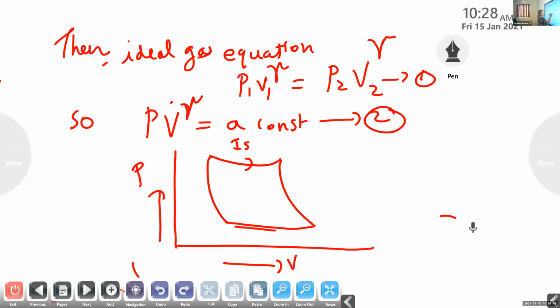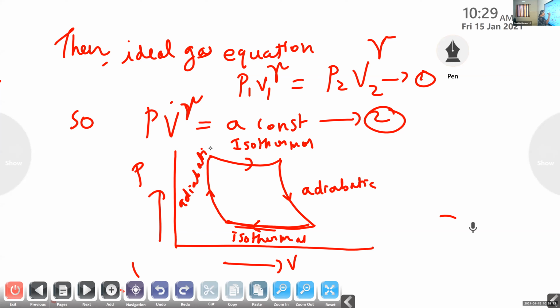The first one isothermal, then adiabatic, then the lower one is again isothermal, because it's a cyclic process, and here it is adiabatic.